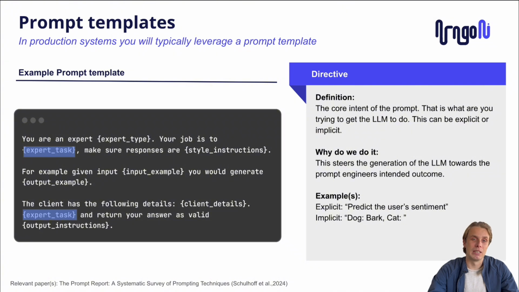When we say we're using an implicit directive, we're not directly telling the language model to do X. Instead, we're giving an example of doing X and then asking it to effectively continue that trend. In the example on the screen, I have an implicit prompt doing an association task. We're saying bark is to dog as blank is to cat. The language model will then predict meow. You've implicitly told it to do this association task.